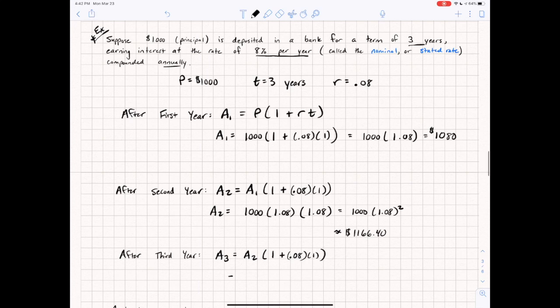Well, A2 again was 1,000 times 1.08 squared. Notice that we're going to be multiplying another 1.08.